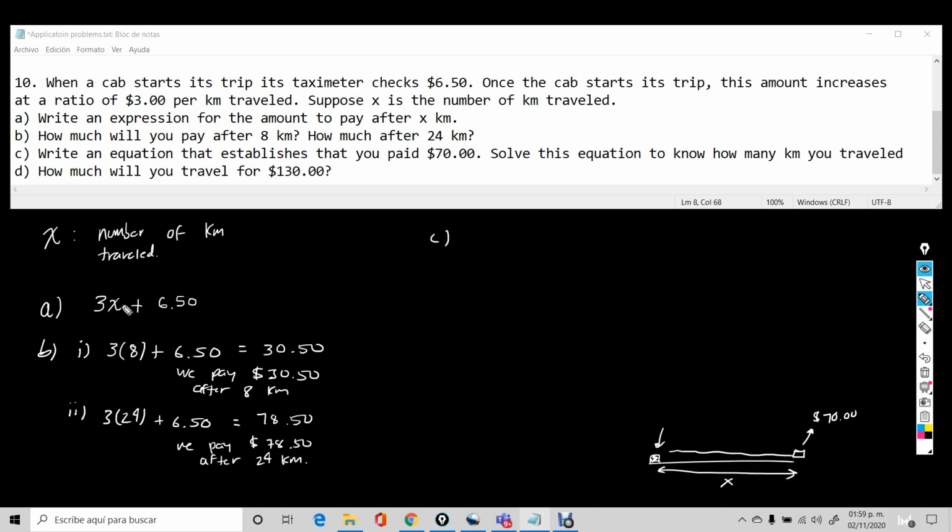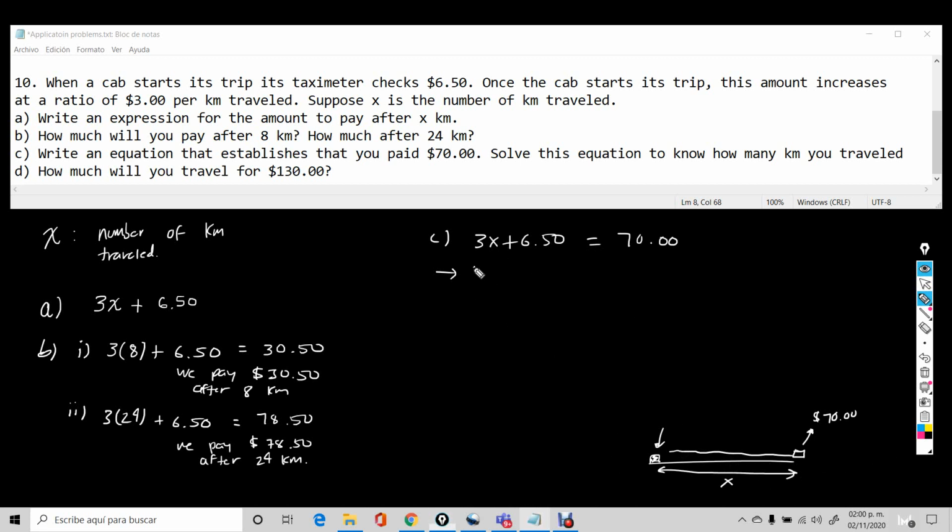Perfect. So let's see. Remember, we have to use this expression, and we have to make it equal to 70, because this is the expression that gives you how much money you pay after X kilometers. So if we know that all that we paid was $70, then this equation allows me to find X, which is the number of kilometers that I traveled in this short trip.